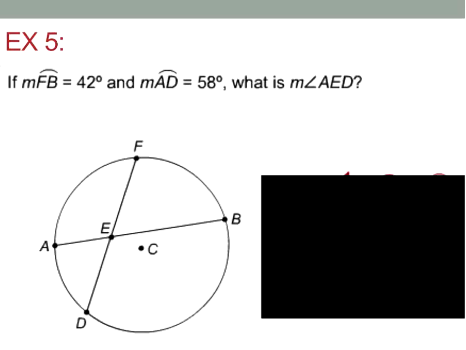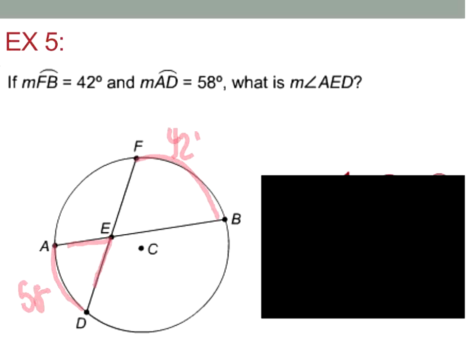I want to see you drawing on your picture right now, and then I'm going to draw on mine. So FB is 42, AD is 58. They want to know what the measure of AED is.